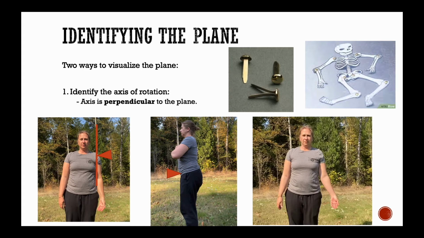And if we add our video to that, can you imagine that that would still allow for that motion to go out and back in again with it coming straight in from the front of me? Now remember, that axis is perpendicular to the plane of movement.